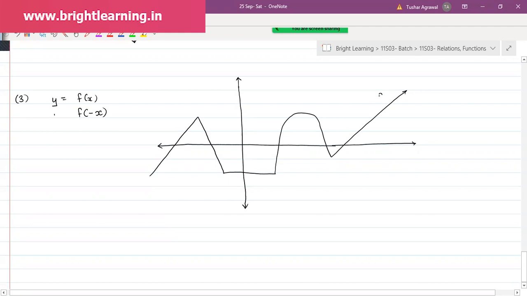This is my graph of f of x. This is some random shape. It is some random function. I do not bother what it is.